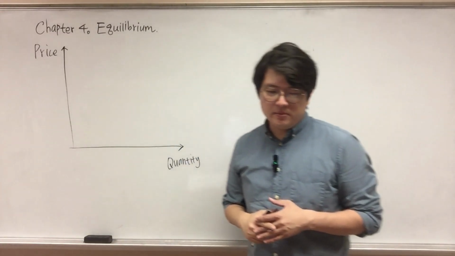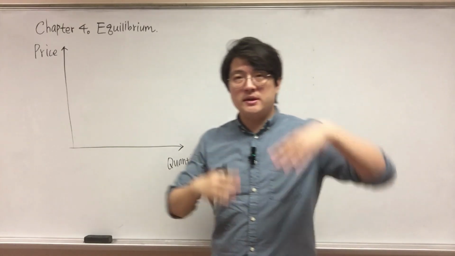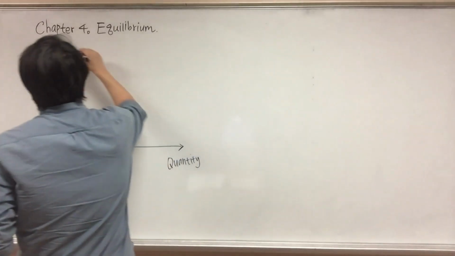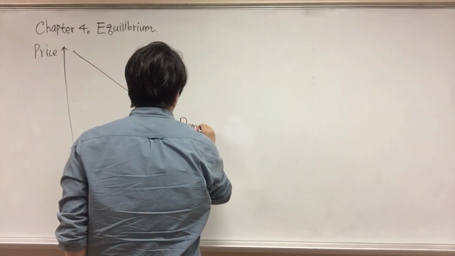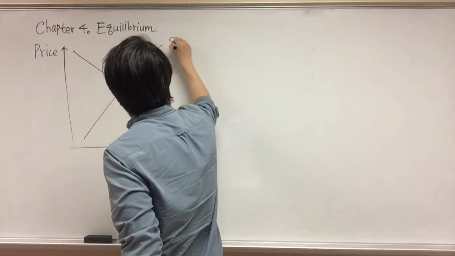The supply curve is upward sloping, and the demand curve is downward sloping, right? The demand curve looks like this, and the supply curve is here.